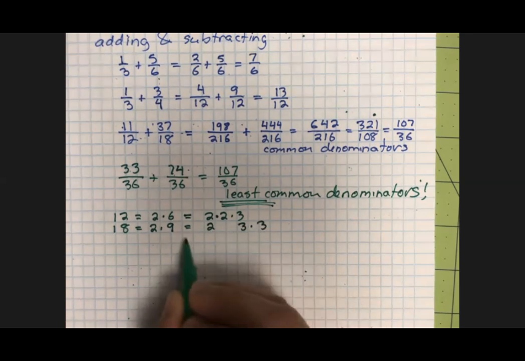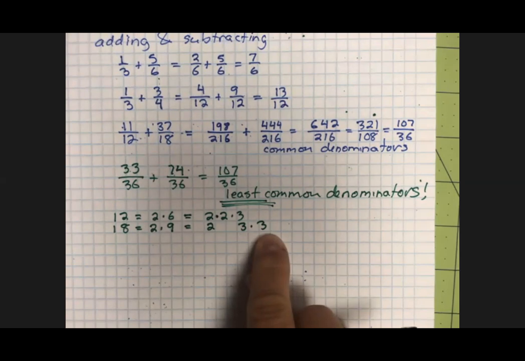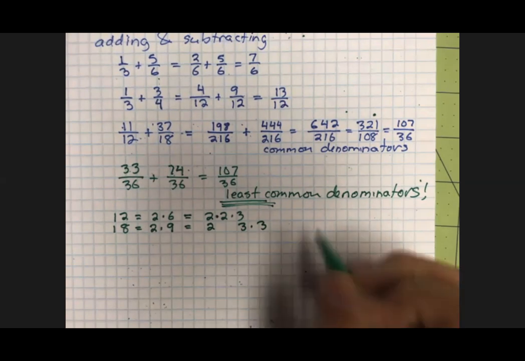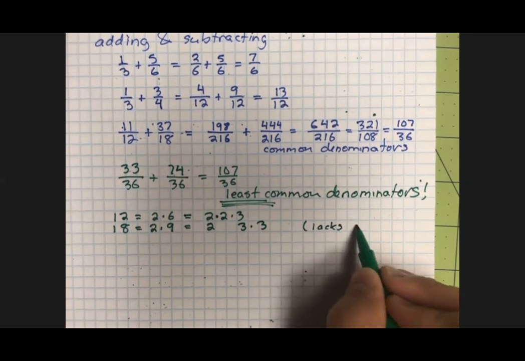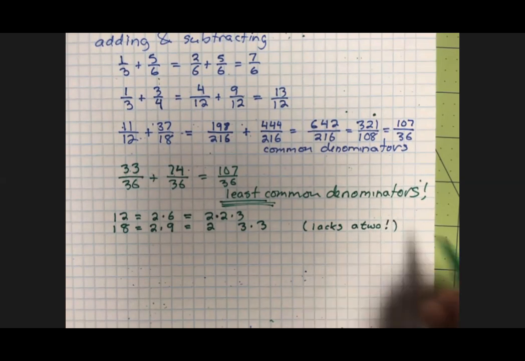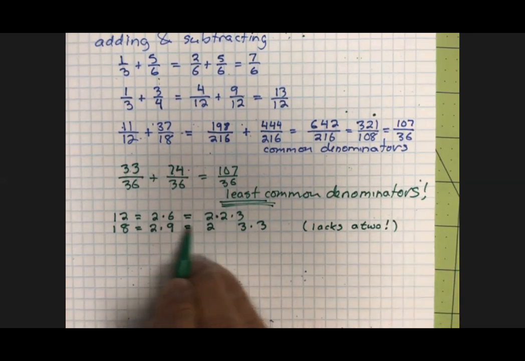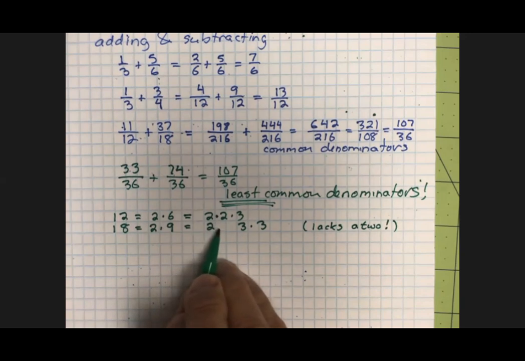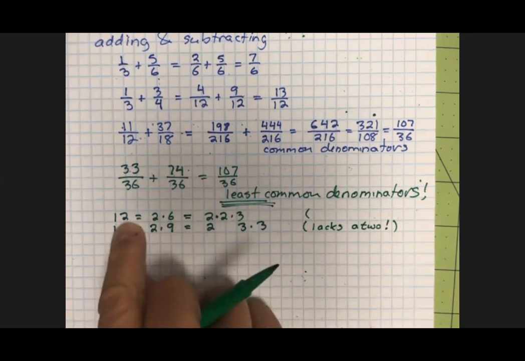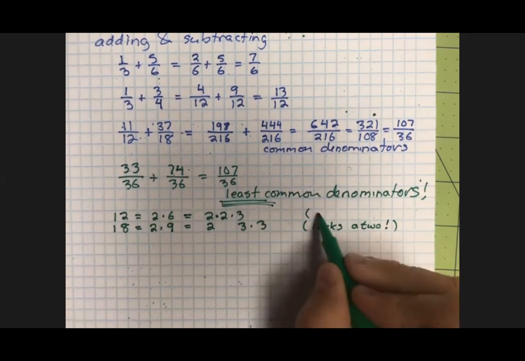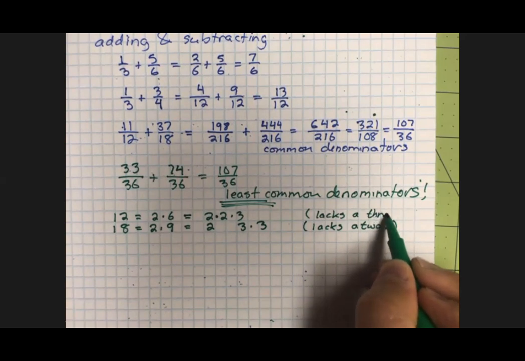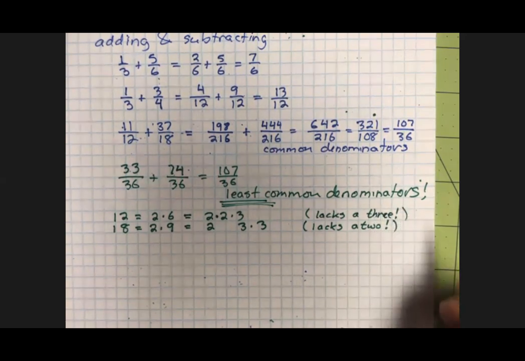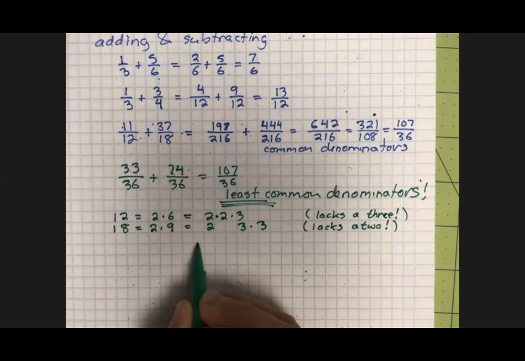Now let me write it in this particular way. Do you see what's wrong with 18? It lacks a 2. The 12 has a 2 that the 18 doesn't have. Do you see what's wrong with the 12? It lacks a 3. So do you know what the least common denominator is?